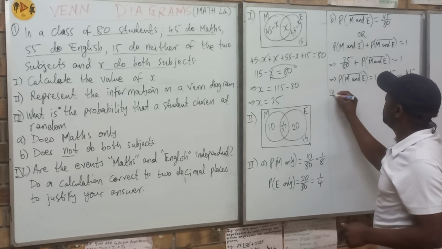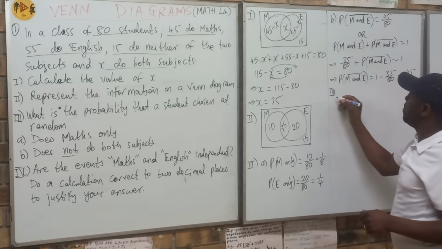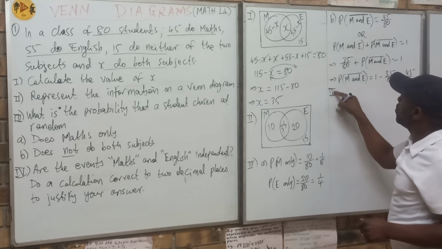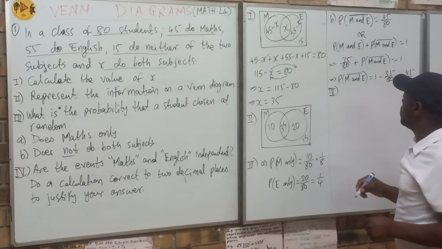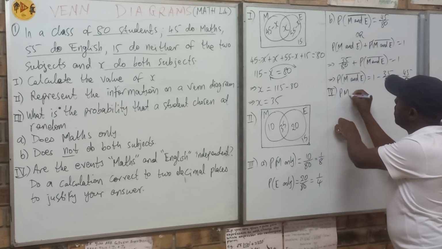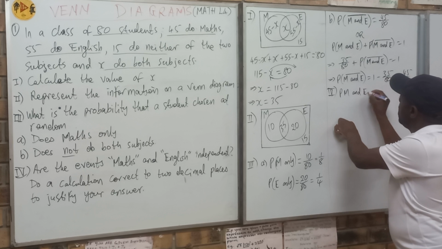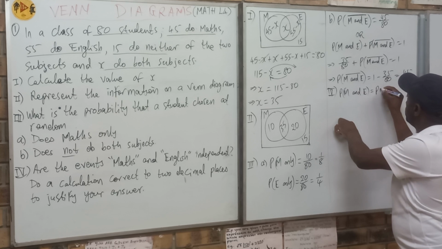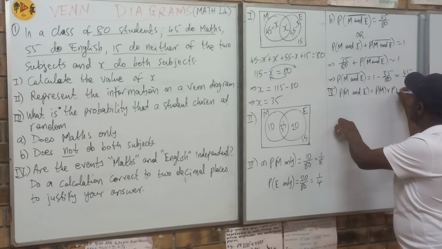So for math level 4 students, the formula for independence is formula number 29 on your formula sheet. If I want to test whether the 2 events are independent, I'll be checking whether the probability of M and E is the same thing as the probability of M multiplied by the probability of E, which is English.